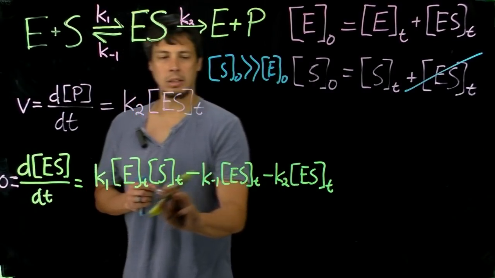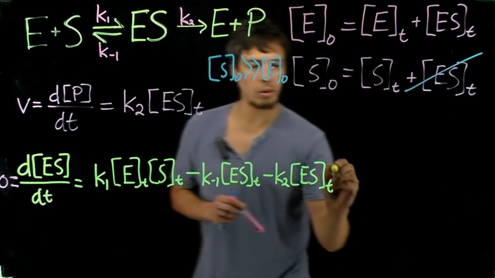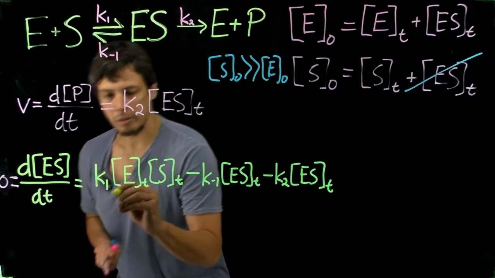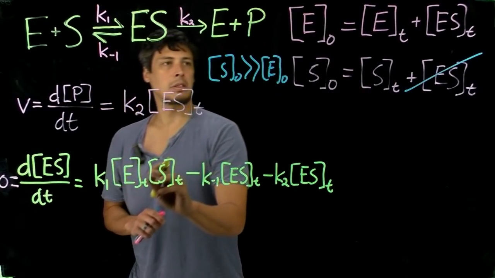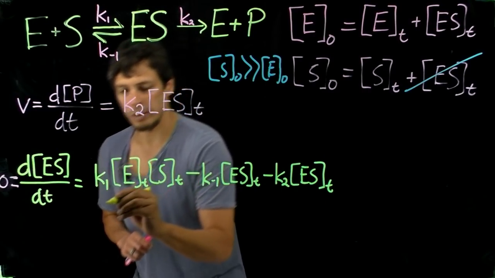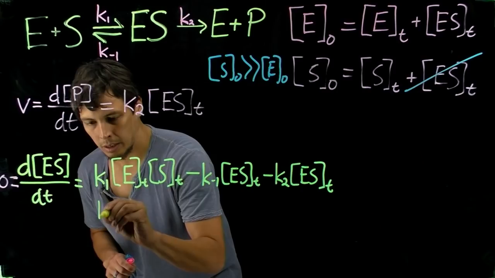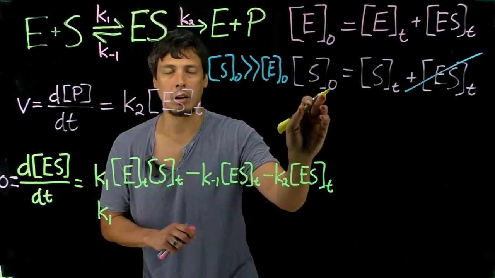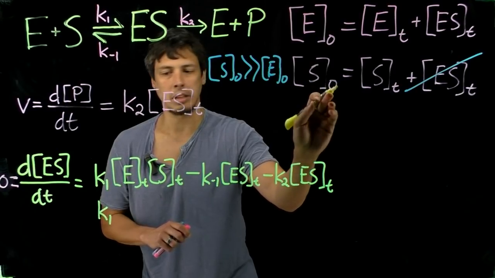So what this does is set this entire equation equal to 0, and after some substitution, the first thing we have to do is substitute in for E of t and also for S of t. Remember, we always substitute S of t as S naught.